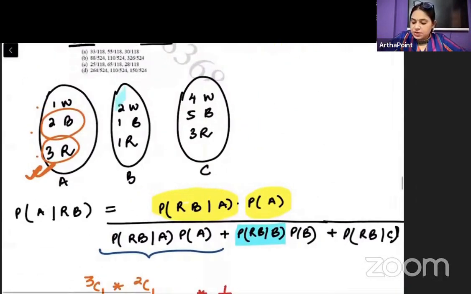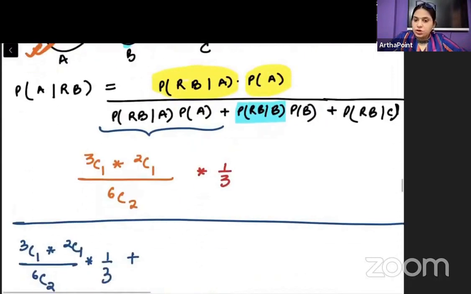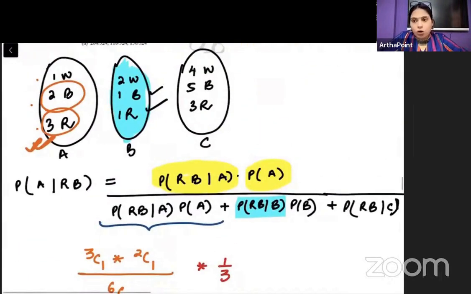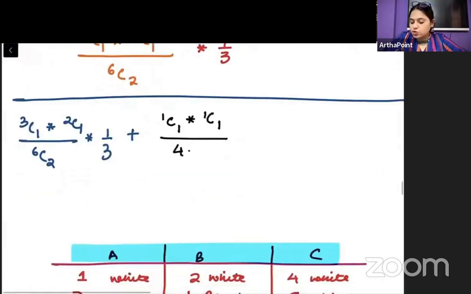In urn B, I have 1 black and 1 red. So I need to choose 1 black out of 1 black, 1 red out of 1 red. In total there are 4 balls, out of which I have to choose 2. And selecting B has a probability of 1 by 3.